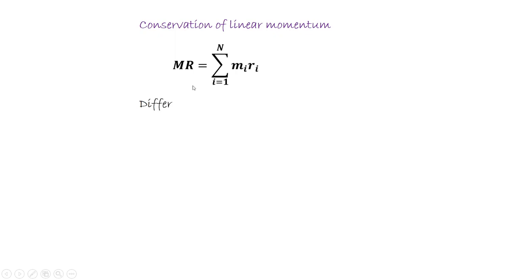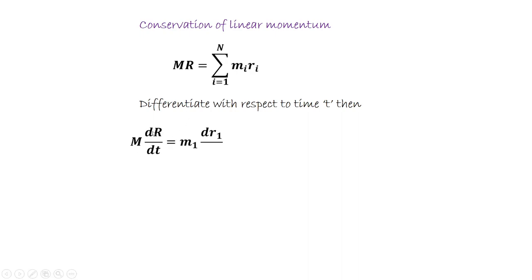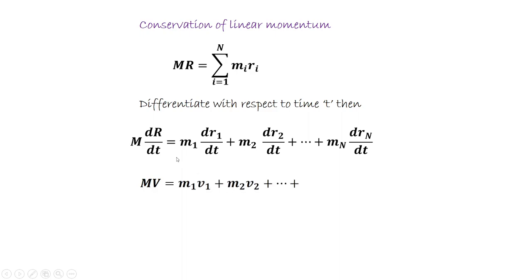Now I'm going to differentiate with respect to time t. Then M dR divided by dt equal to m1 dr1 divided by dt plus m2 dr2 divided by dt and so on up to the nth particle. Rate of change of position is nothing but velocity, up to the n particle system.